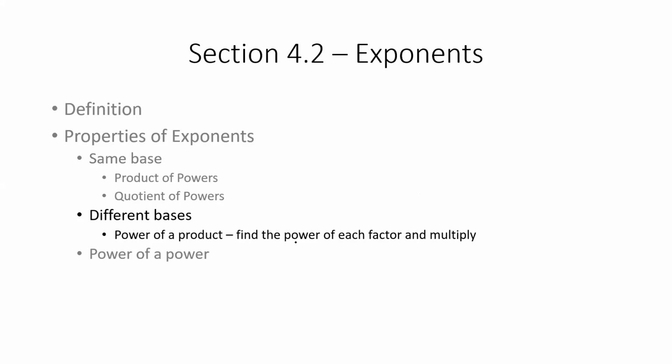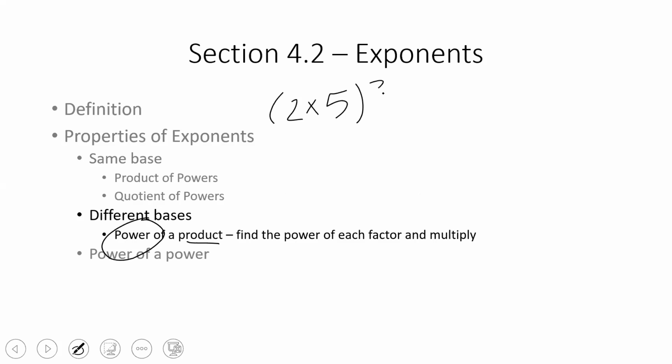So now let's look at something. If we have different bases, we're just going to look at power here. So power of a product. So we're multiplying and then raising it to a power. Let's look at an example such as 2 times 5 to the third.